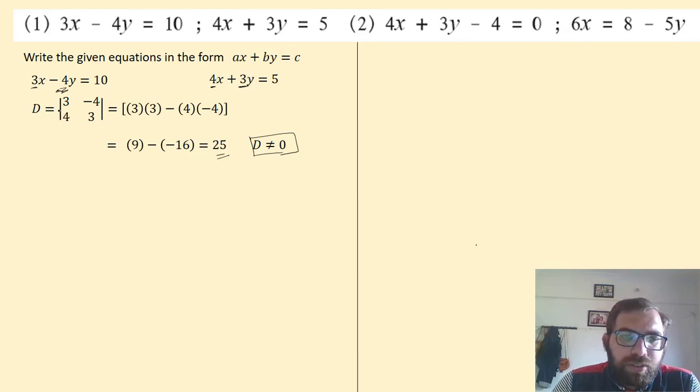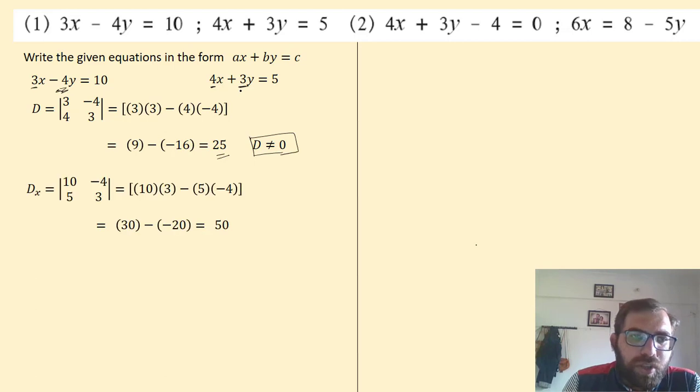We know that after solving d, we need to find dx. How do we get dx? By replacing the column of coefficient of x by the column of constants. So if we replace the column of coefficient of x with the column of constants, we get dx. Dx is equal to the determinant of, first, the column of constants.